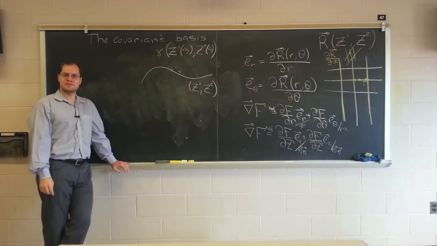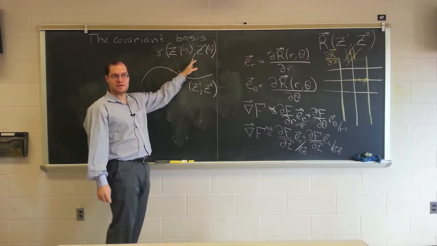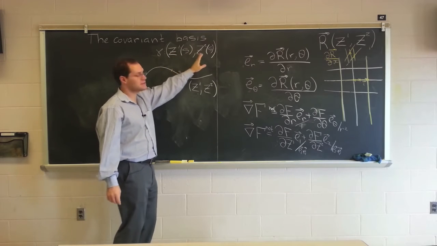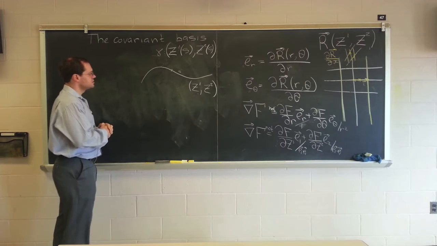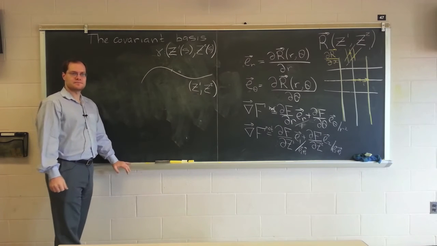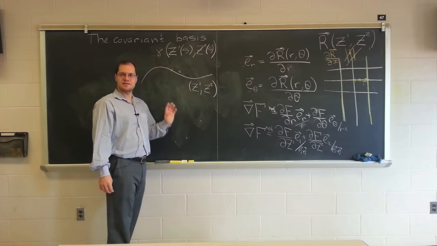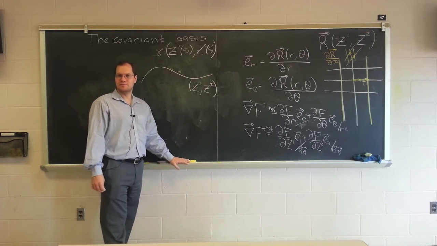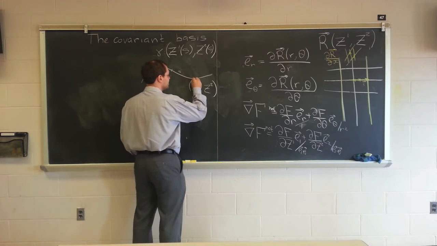This could be in polar coordinates: r is a function of s, theta is a function of s. It could be in Cartesian: x is a function of s, y is a function of s, or any other. Here's the big question. It will at first seem to you completely unanswerable. And then you'll see how surprising and how simple the answer is.